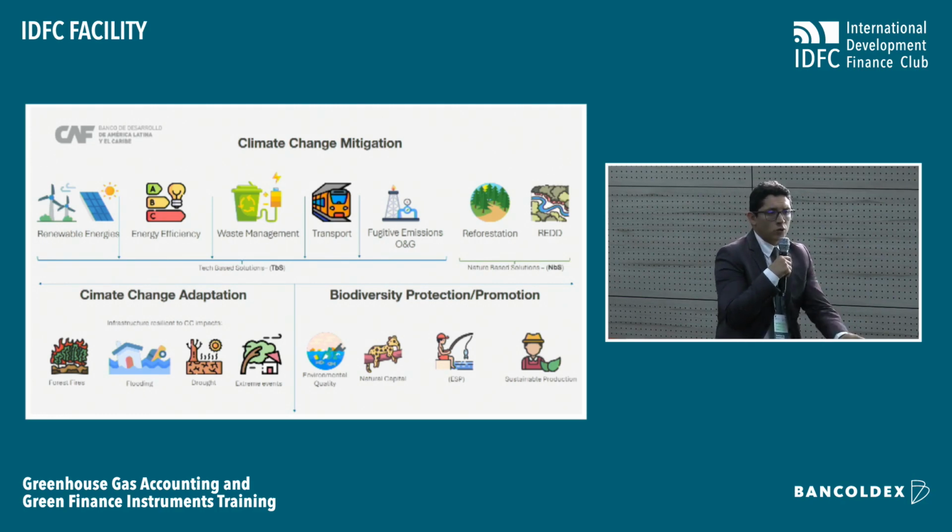Some examples: renewable energies, energy efficiency, waste management, transport efficiency, controlling of fugitive emissions in the oil and gas sector, and also nature-based solutions like reforestation and conservation projects like REDD+.